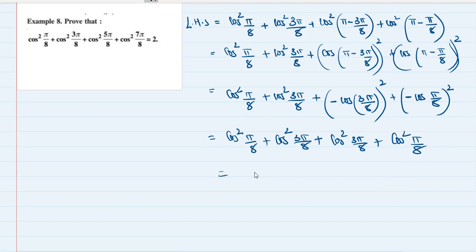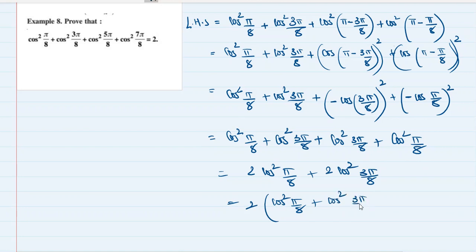So this will be 2 cos square pi by 8 plus 2 cos square 3 pi by 8, which is 2 bracket cos square pi by 8 plus cos square 3 pi by 8.